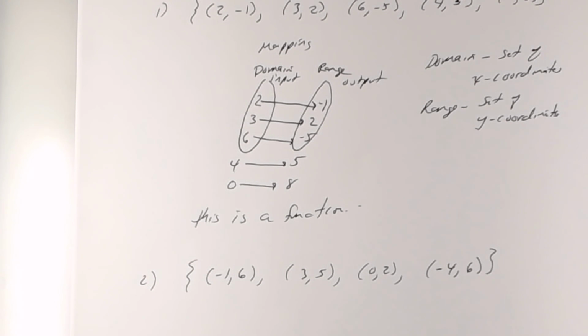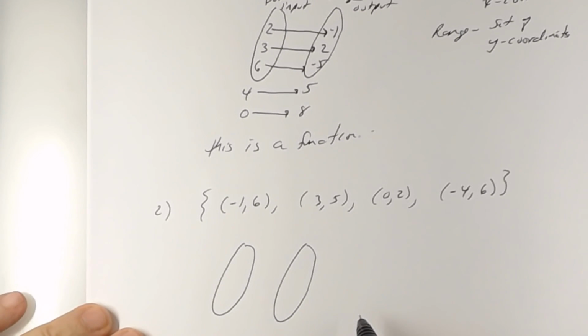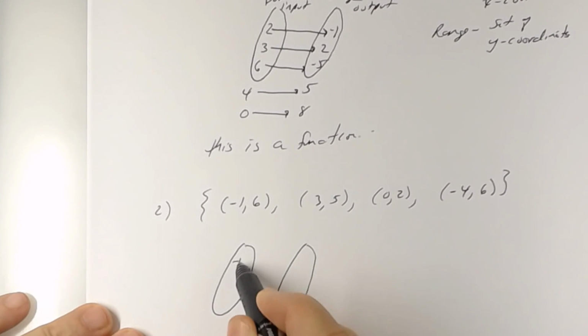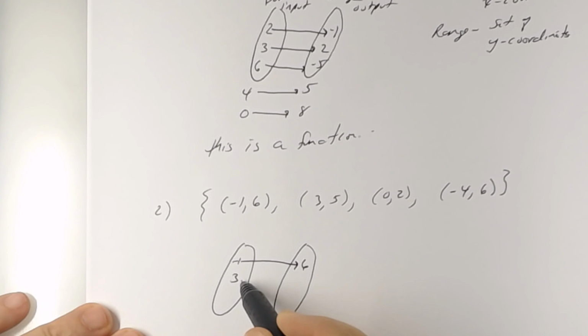So let's look at this in terms of the mapping. Remember, the definition says that for each x coordinate, there's got to be exactly one y coordinate associated with it. So when x is -1, what's my y coordinate? 6. So far, we're good, right? Yes. When x is 3, what's my y coordinate? 5.